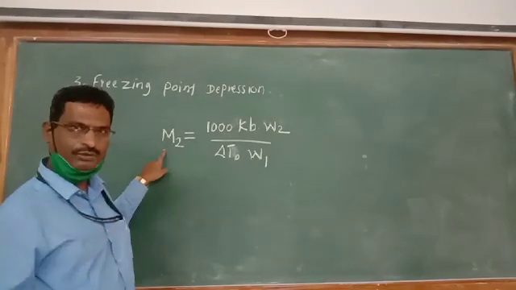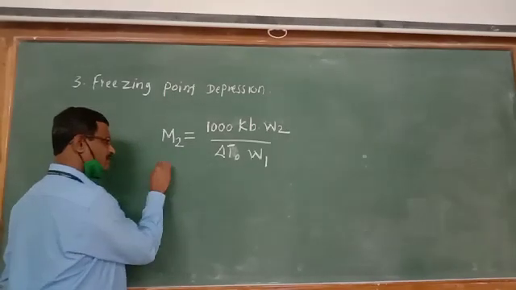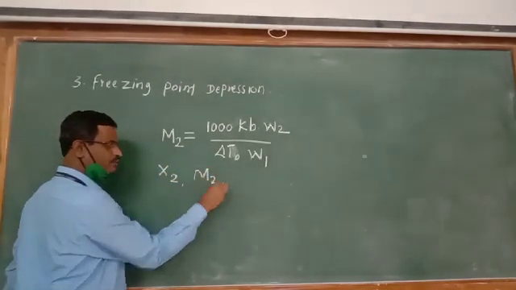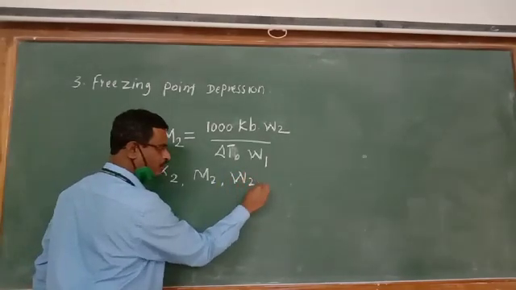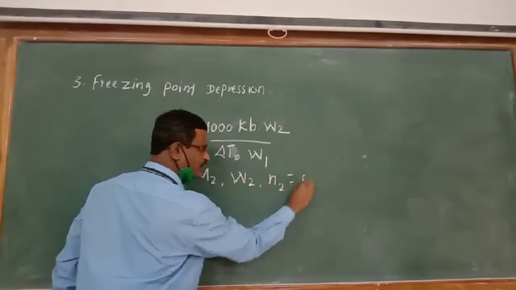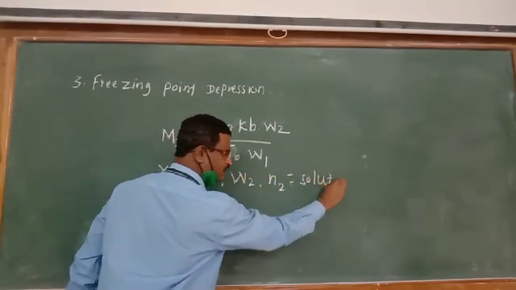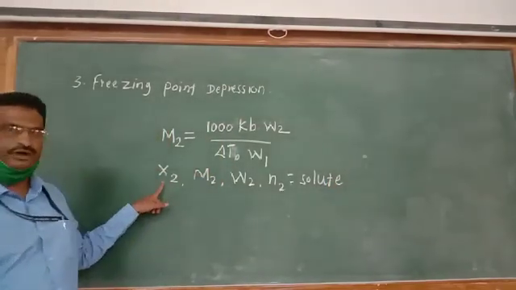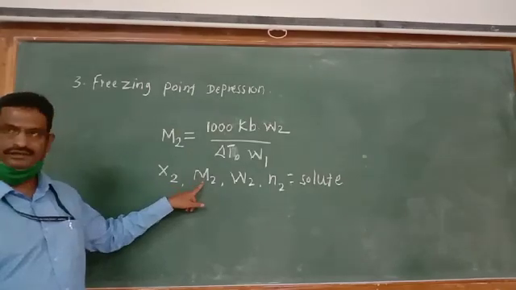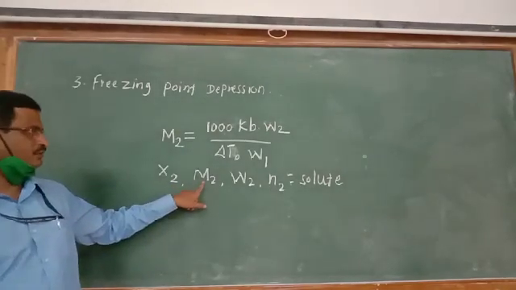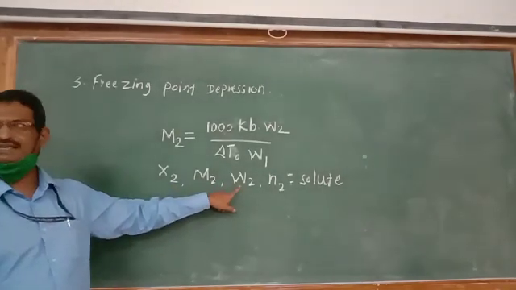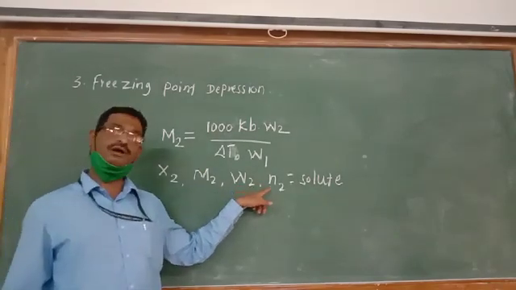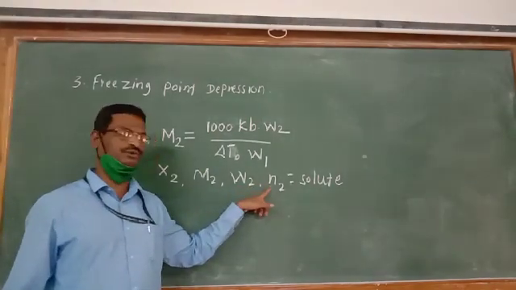Keep in mind that all the terms with subscript 2, that is X2, then M2, then W2 or N2, are the terms used for solute, where X2 is mole fraction of solute, M2 is molar mass of solute, W2 is mass of solute, and N2 is number of moles of solute.